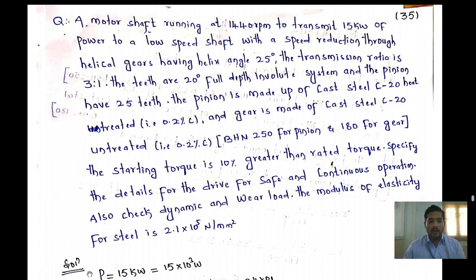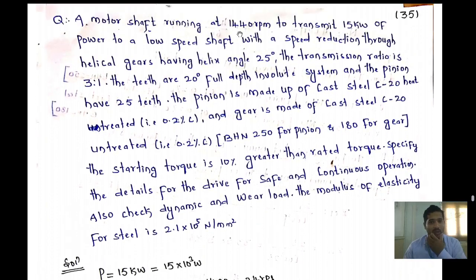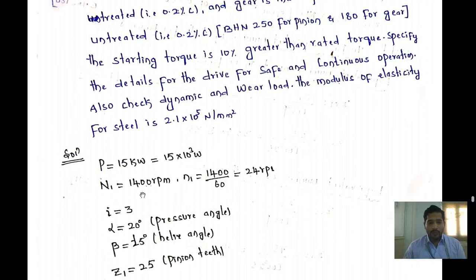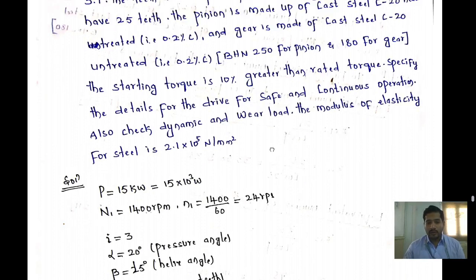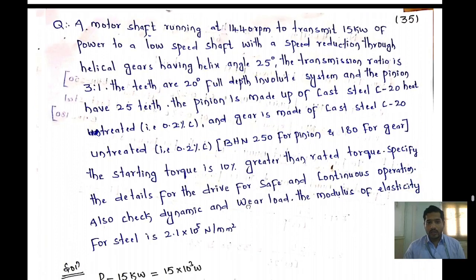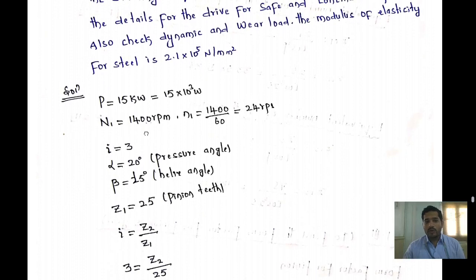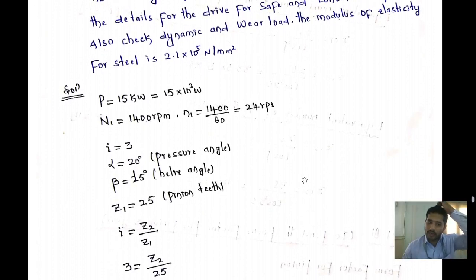First of all, you have to write down the given data. A motor shaft running at a speed of 1440 rpm, so the speed of the pinion. Make a small change here: 1400 rpm.